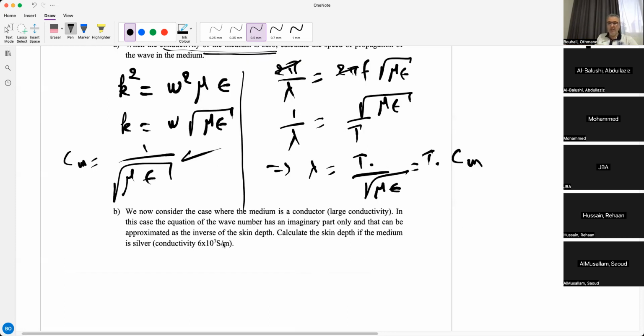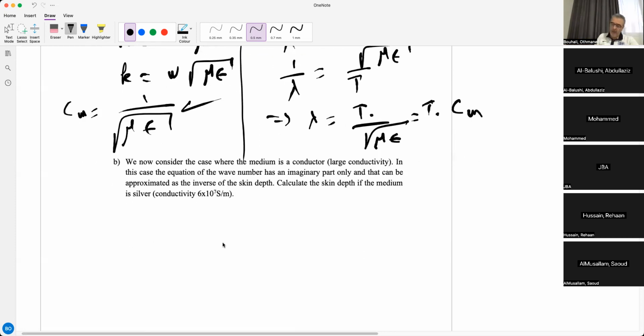Okay. Now we consider the case where the medium is a conductor. In this case, the wave number has an imaginary part and can be approximated as the inverse of the skin depth, which means the imaginary part is 1 over the skin depth, which is the square root of omega mu sigma divided by 2.